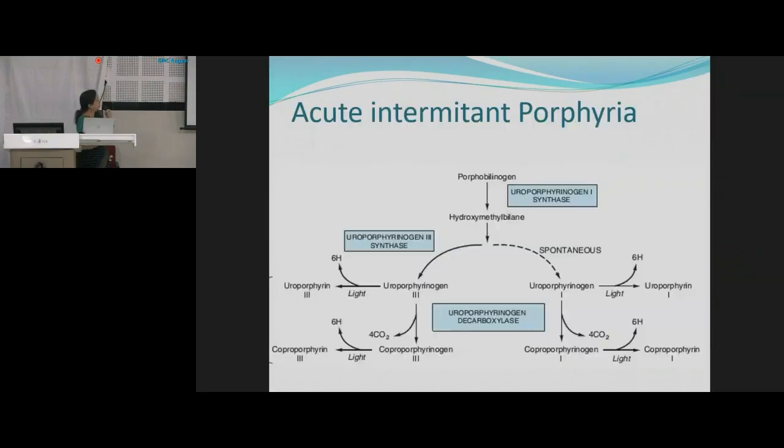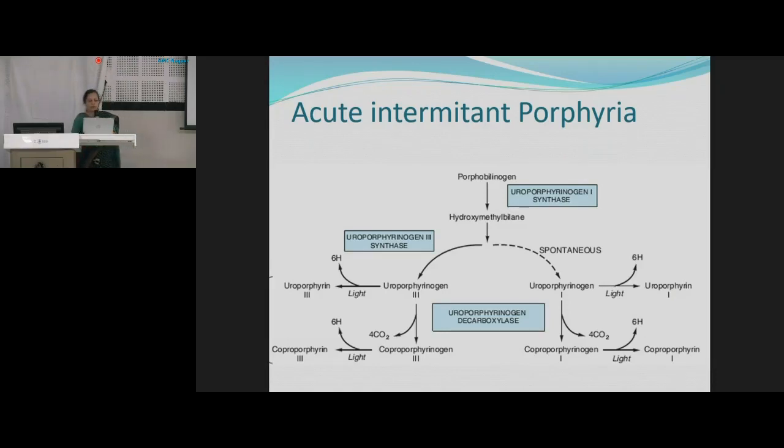Now coming to the third and one of the commonest type of porphyria, that is acute intermittent porphyria. So acute intermittent porphyria is due to deficiency of this uroporphyrinogen 1 synthase. Now where this uroporphyrinogen 1 synthase is required?